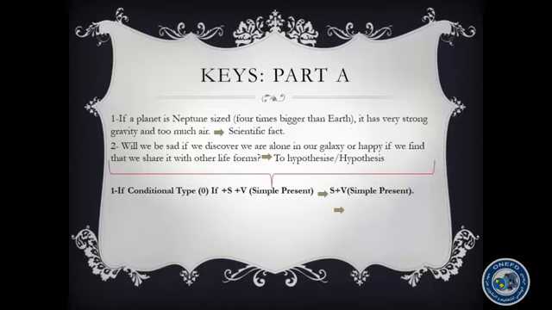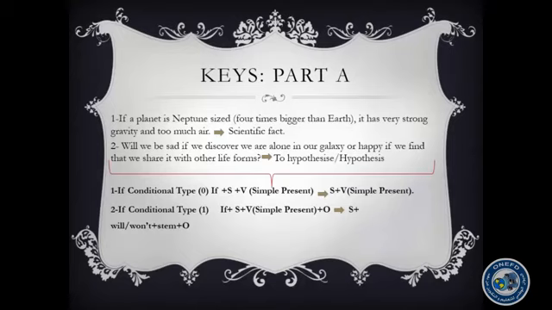A scientific fact means that it is always true each and every time, like scientific experiments, which in all cases are true, and we use the if conditional type 0 to speak about scientific facts or truths. Again I repeat, if plus subject plus verb in the present simple equals subject plus verb in the present simple. So let's go back to sentence number 2.